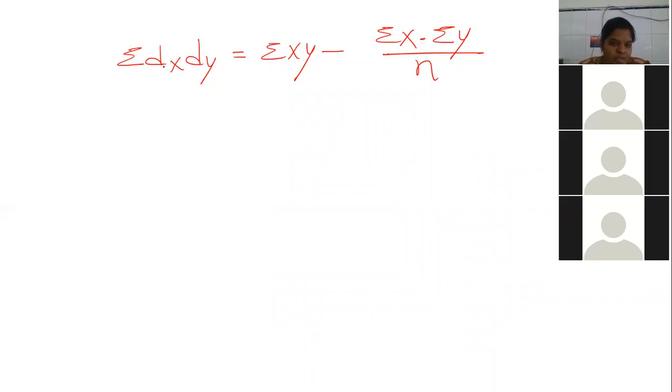What are the components? Sigma dx dy is equal to sigma xy minus sigma x into sigma y divided by n. n is the number of observations.